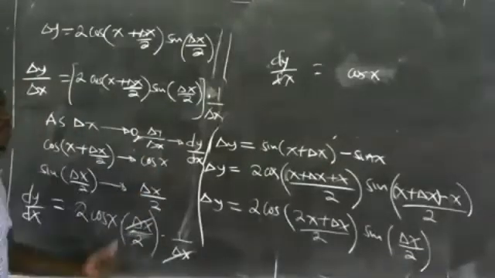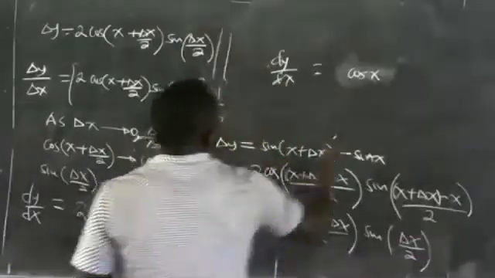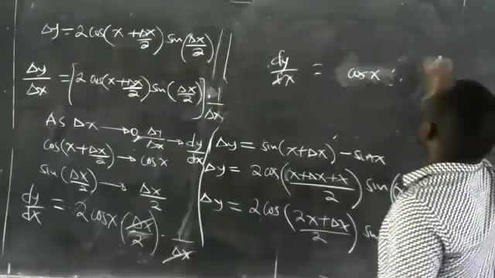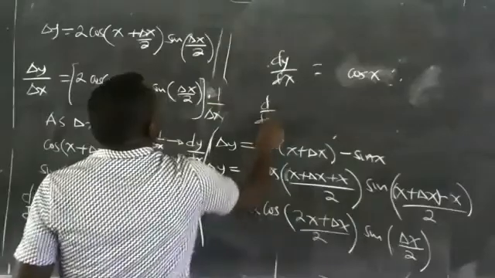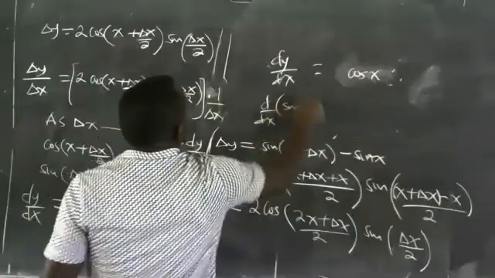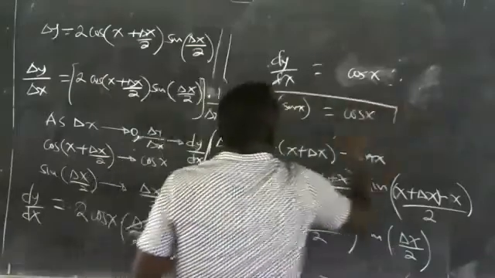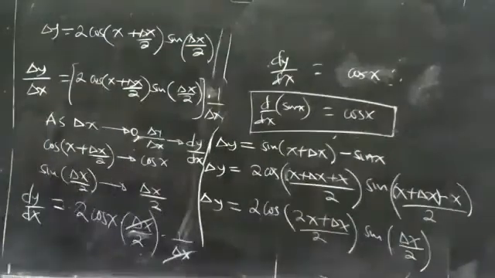So finally, I work on the question and conclude that therefore d/dx of sine of x gives cos x. I'll work out the question. When you differentiate sine, you get cos.